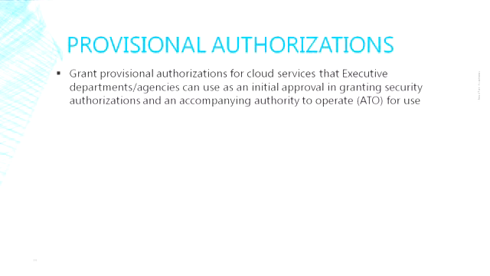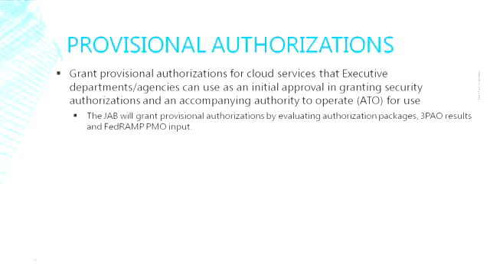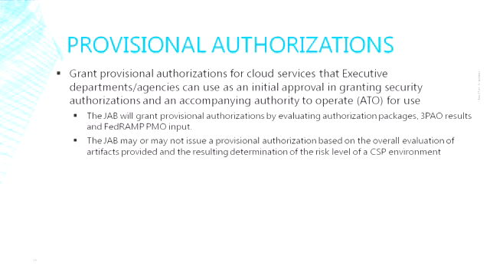In granting provisional authorizations for cloud services, executive departments and agencies could then issue authority to operate. The JAB will grant provisional authorizations by evaluating the packages. The JAB may or may not issue a provisional authorization based on the overall evaluation of artifacts provided and the resulting determination of the risk level of a cloud service provider's environment.